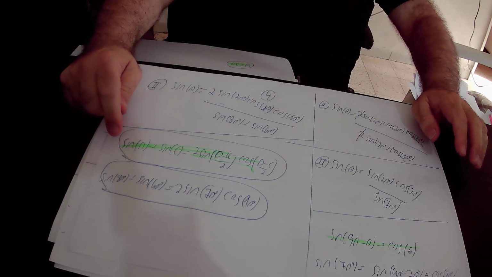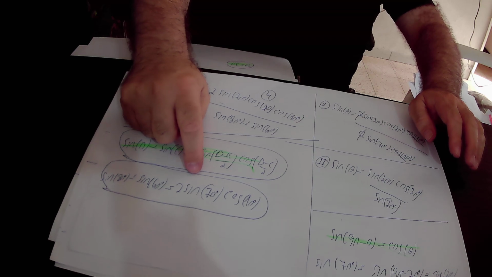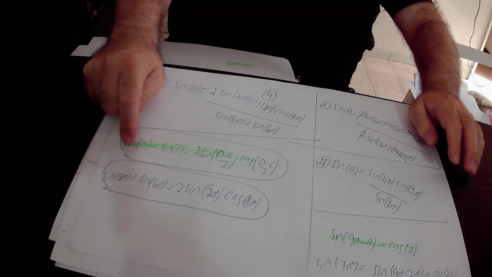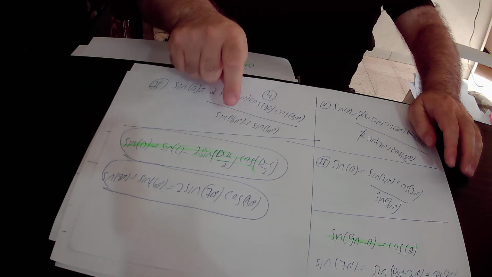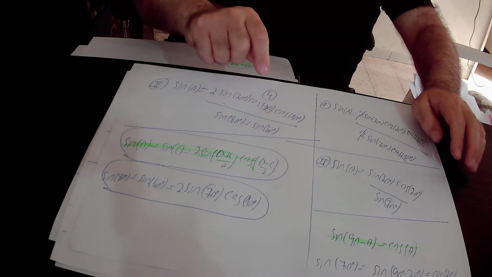So in conclusion, sin 80 degrees plus sin 60 degrees equals 2 times sin 70 degrees times cos 10 degrees. Now we can substitute this in the denominator of equation number 2.